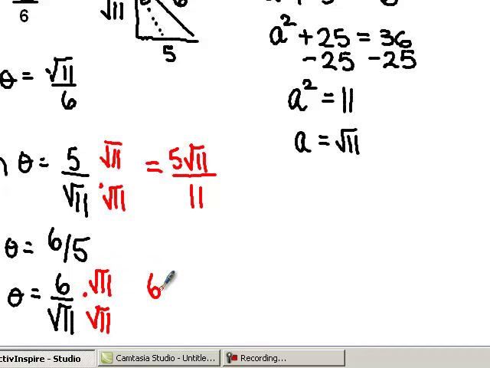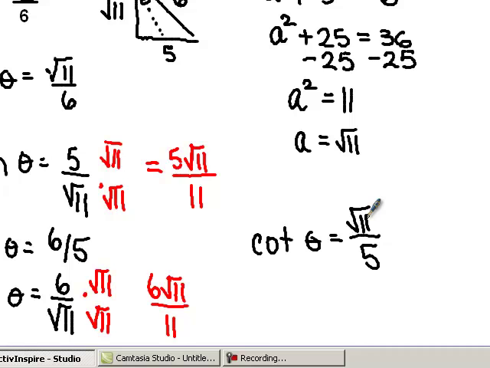So we have 6 square root of 11 over 11 for secant. And then we have the opposite of tangent, which is cotangent. And remember, you're going to look at the original. So 5 is on the bottom, and the square root of 11 is on top. And that is it.